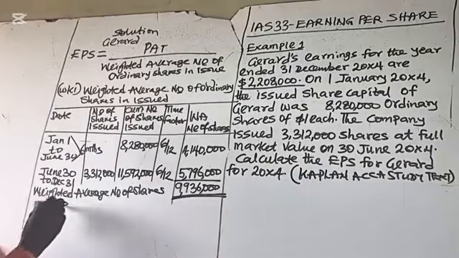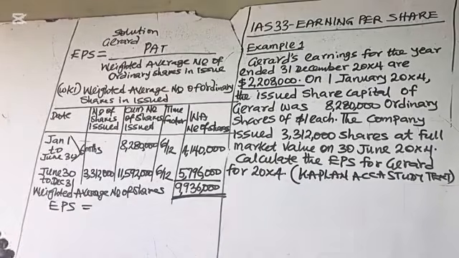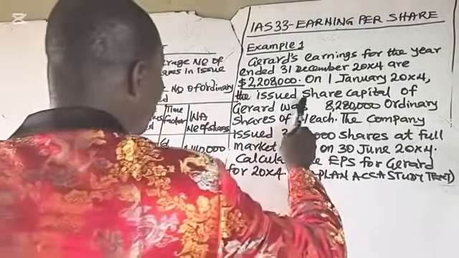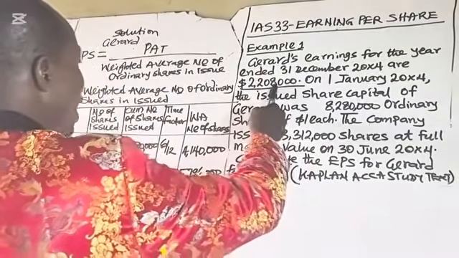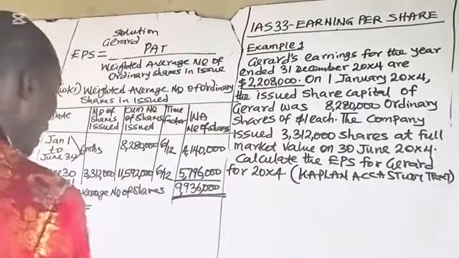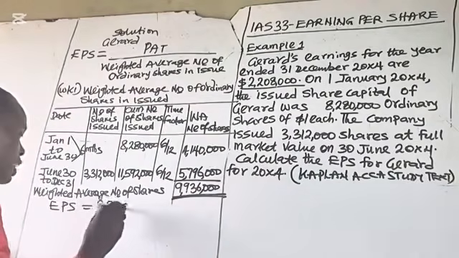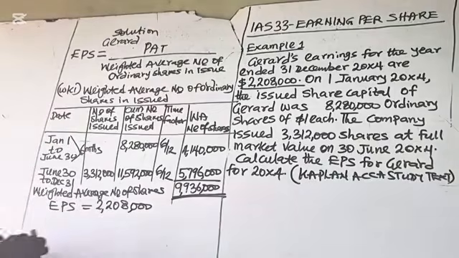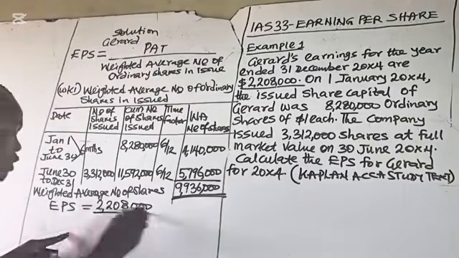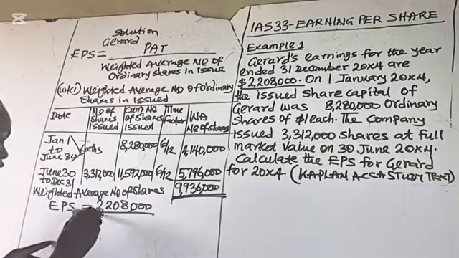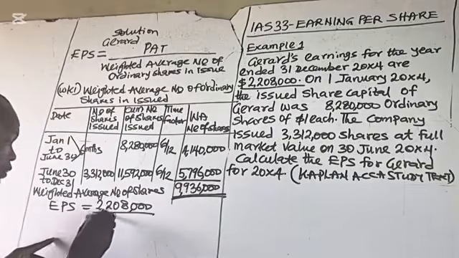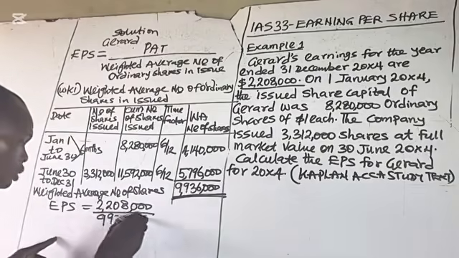EPS. EPS, which is profit attributable to equity. We have 2,208,000 as the profit, as the earnings. That is the earnings, over weighted average number of ordinary shares in issue.